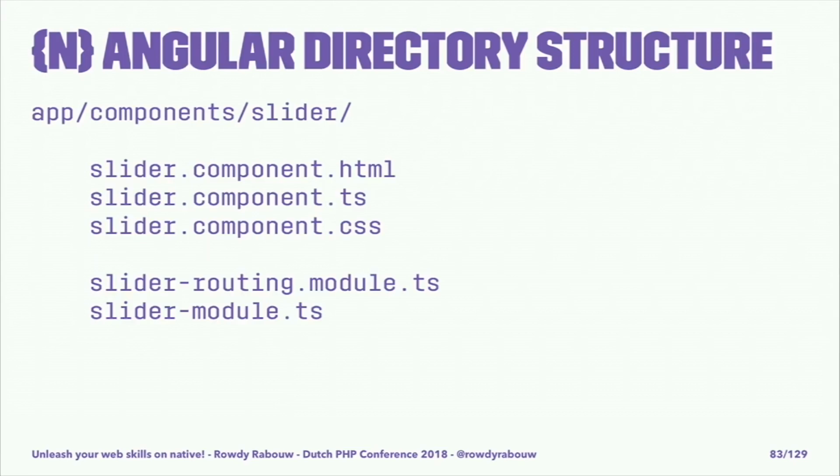I have an app directory, I have components, and in there I have a slider with an HTML file for the layout, the TypeScript file for the functionality, and the CSS file for the styling, for the beauty. And I need a routing module and a module to bind it all together.